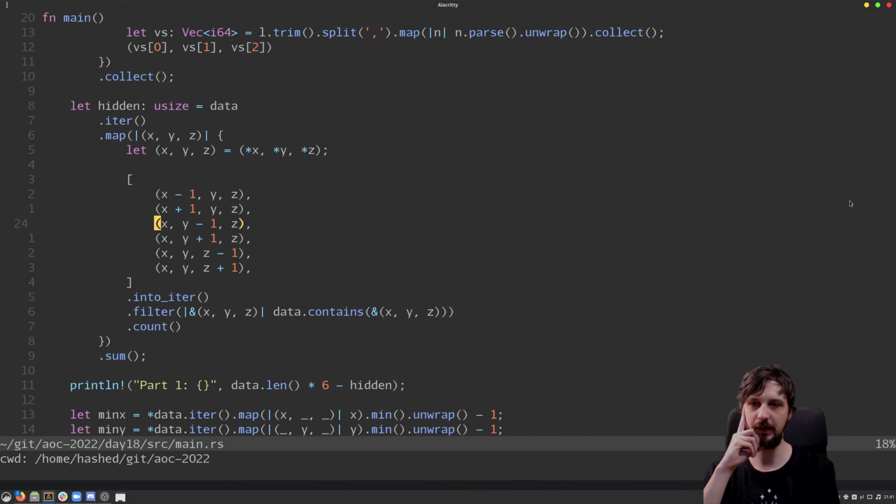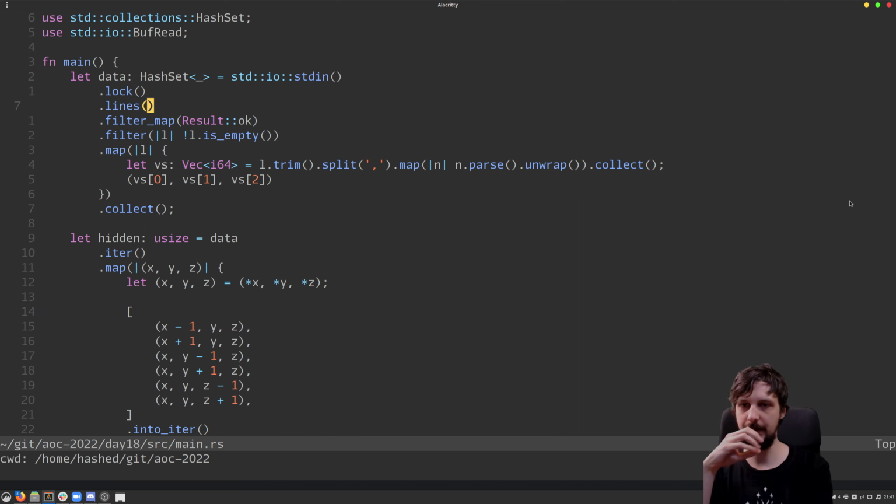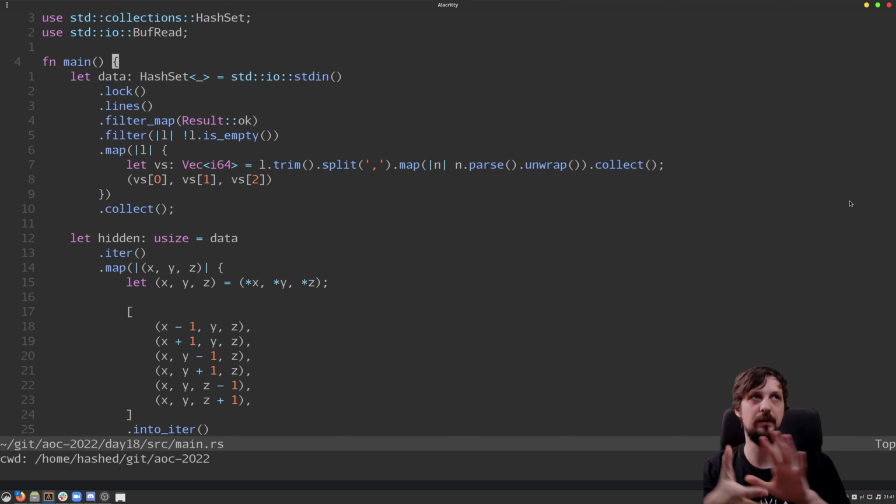Then what I want to know is what's hidden. I need to figure out how many hidden faces there are. If I have them in my hash set, that would be exactly as easy as if I would have them in some space like 3 by 3 by 3, or like 100 by 100 by 100. I would need to figure out how big the potential space is.